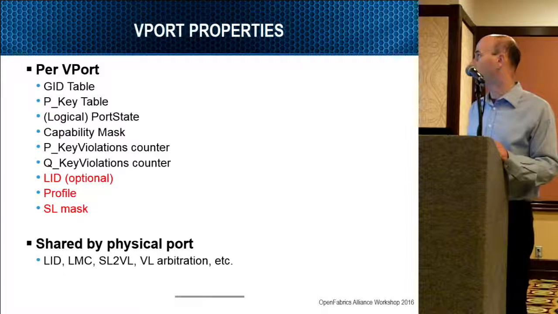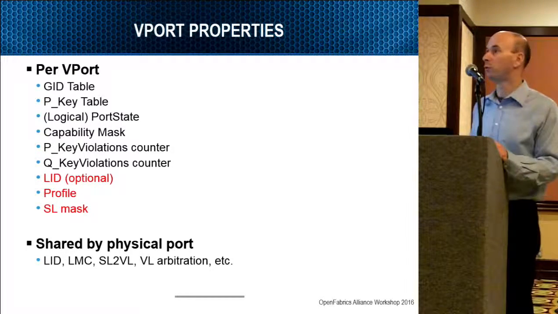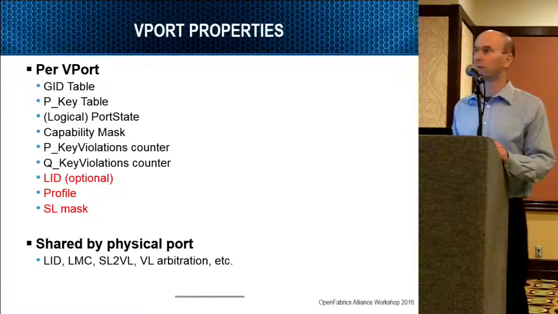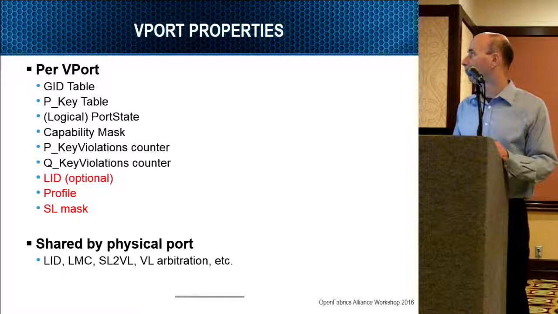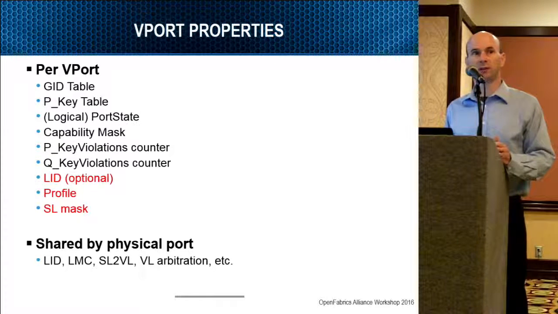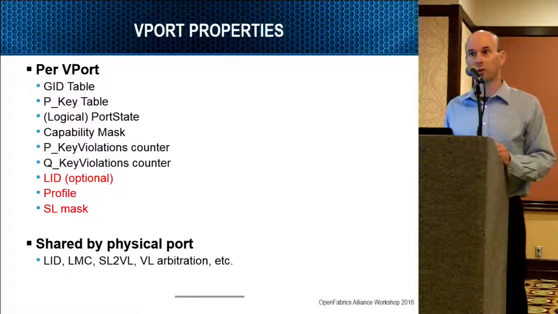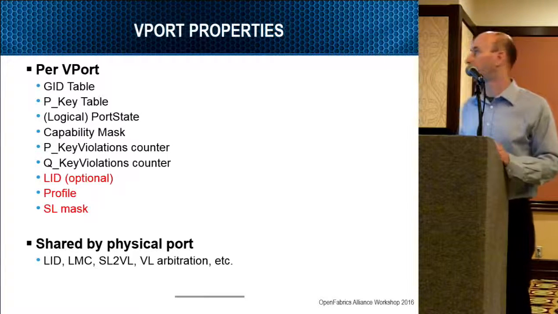Another new notion is the SL mask, the ability to restrict virtual ports to specific SLs. As we know, in InfiniBand, SLs are both means for relaying packets in a complex topology, but they also serve as a sense of quality of service.